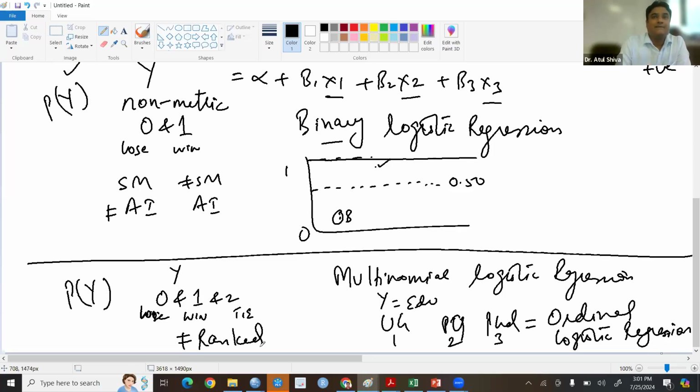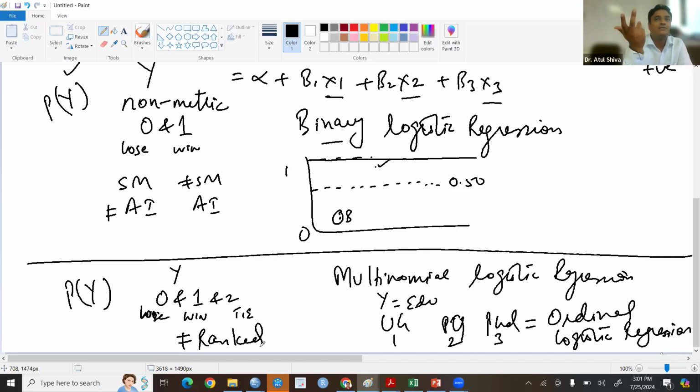Simple and multiple are fine. For binary, your DV has only two categories, and your DV is also one DV, and it is categorical, like yes, no.